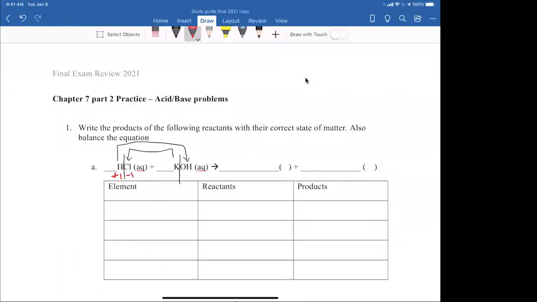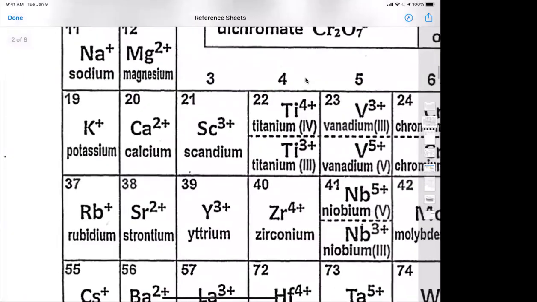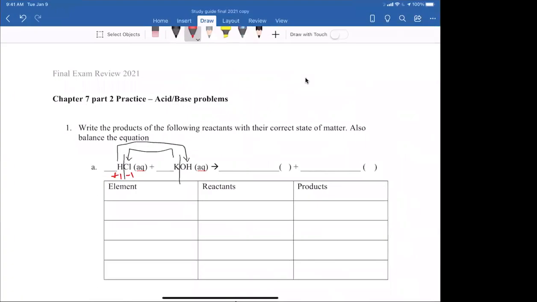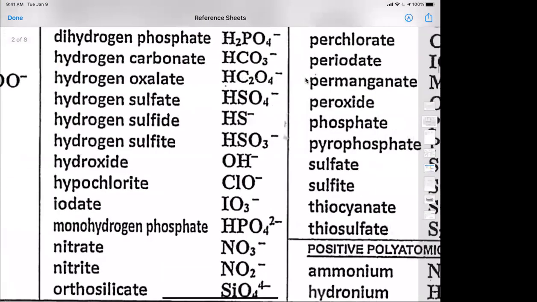What is the charge? Let's find K. What is the charge of K? +1. And lastly, what is the charge of OH? -1.